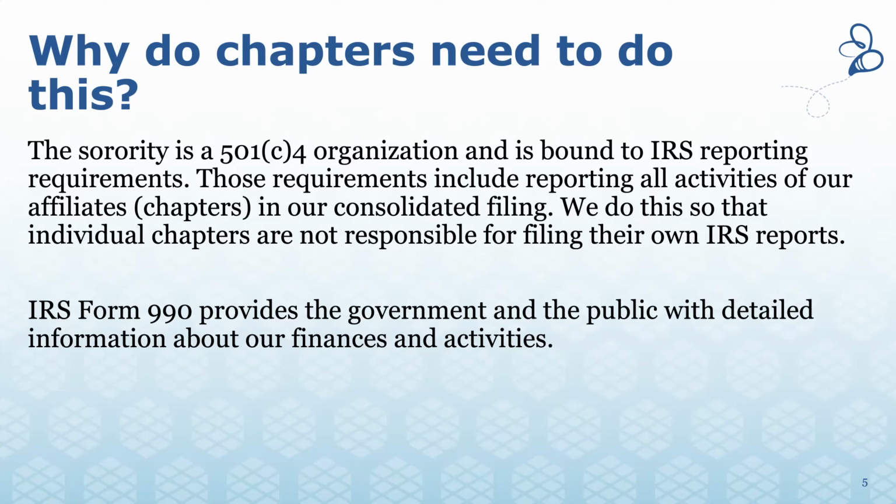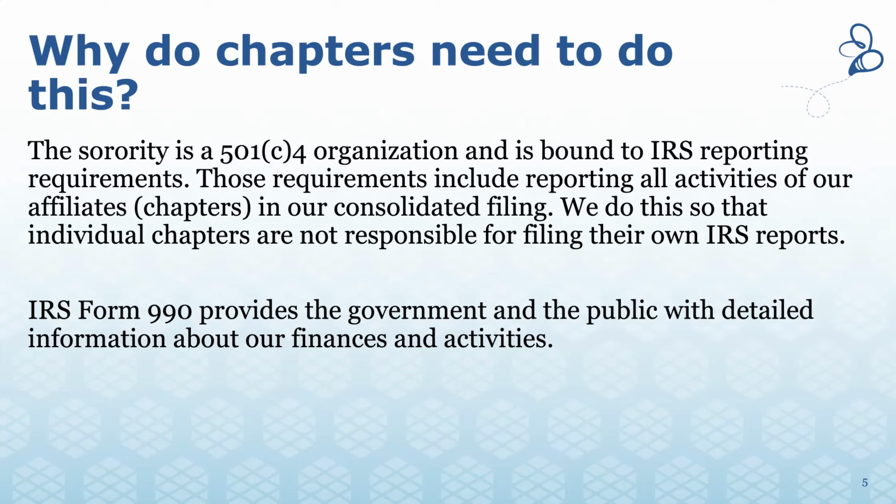But it's a lot of pressure for college students and especially a treasurer to have to complete IRS reporting requirements accurately. We hire a CPA to complete this information, and it's not inexpensive. So it would be a financial burden to our chapters to complete this on their own.